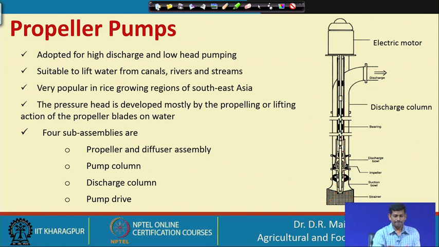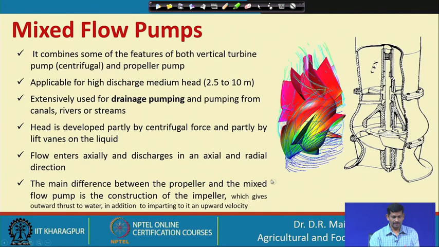Okay. And the next pump, the mixed flow pump. Mixed flow has both the propeller action as well as the centrifugal action. So, it is a combination of some of the features of both the vertical turbine pump, that is the centrifugal pump, and the propeller pump.